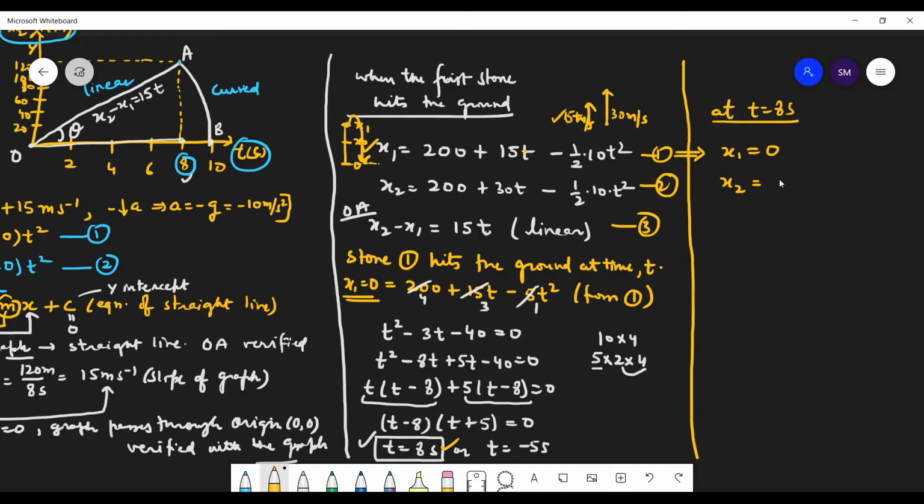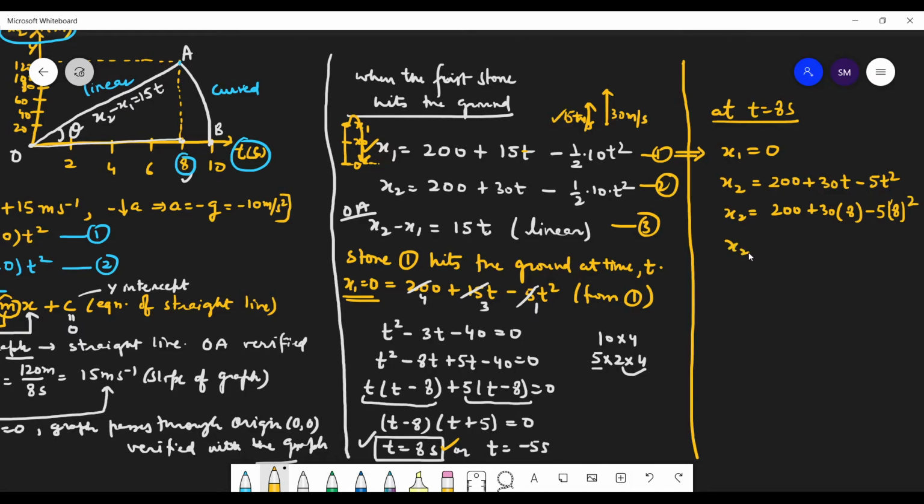So that's 200 plus 30t minus 5t square. So here instead of 3, you will get 6 here. But this x2 at 8 seconds we have to find. So x2 is equal to 200 plus 30 into 8 minus 5 into 8 square.